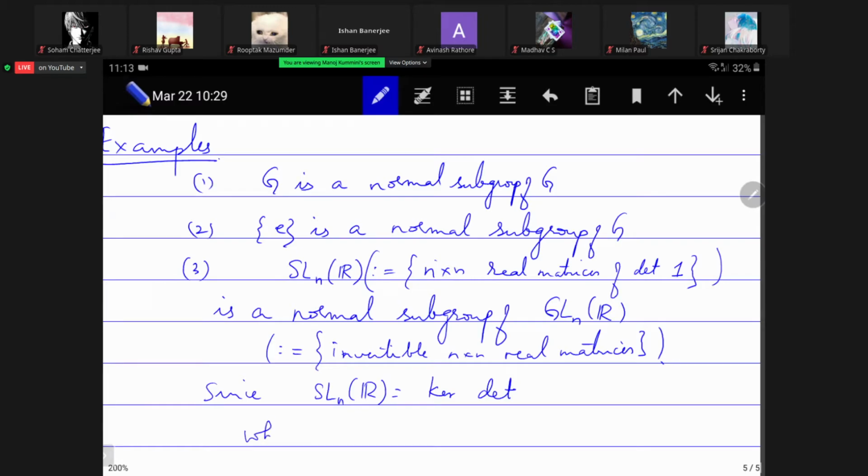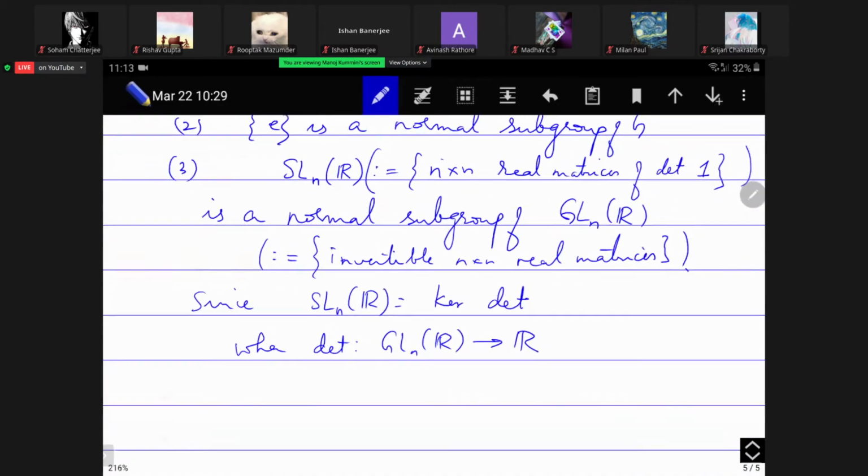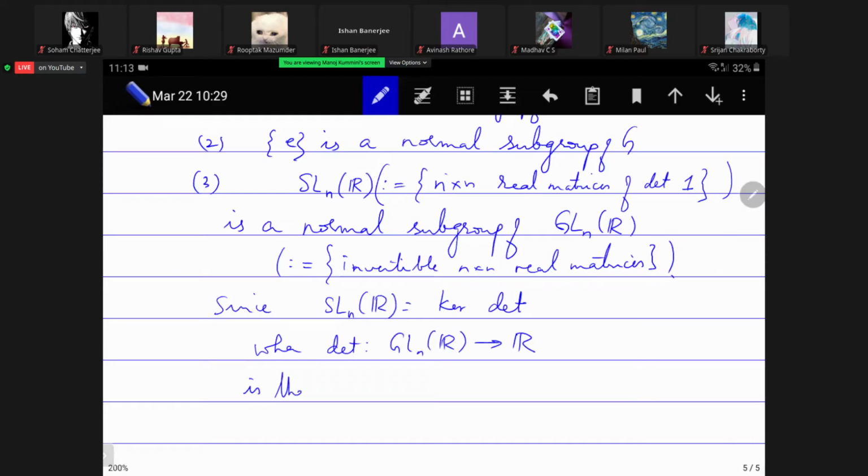The determinant map from GL_n(R) to R is the group homomorphism which we saw last time, which sends a matrix A to its determinant. So this is the kernel.